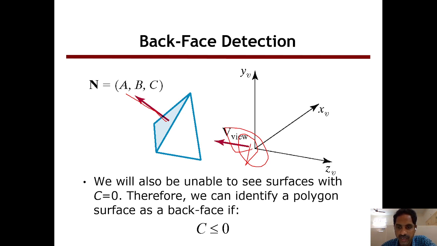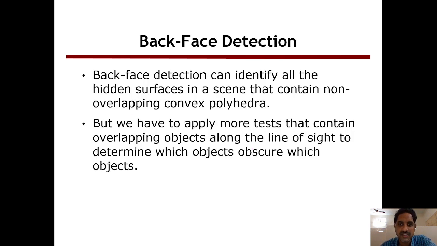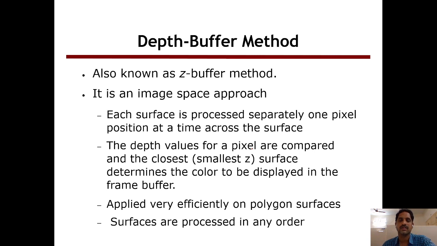Therefore we can identify a polygon surface as a back face if C is less than or equal to 0. Back face detection can identify all the hidden surfaces in a scene that contain non-overlapping convex polyhedra, but we have to apply more tests for overlapping objects along the line of sight to determine which objects obscure which objects.